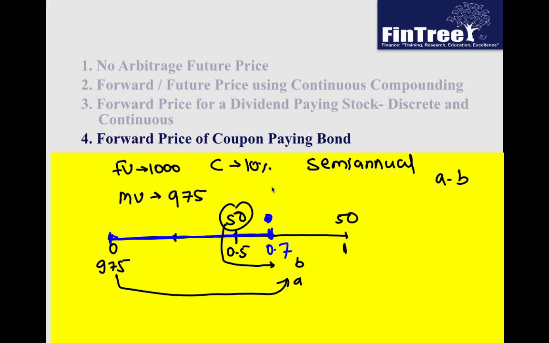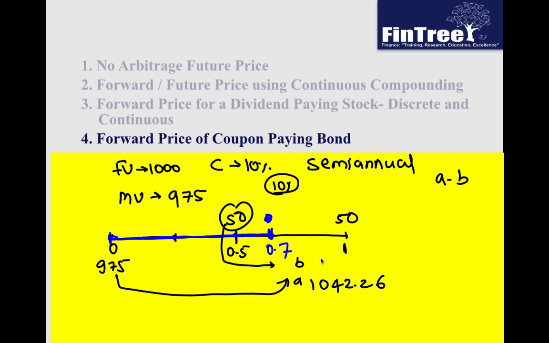I forgot to mention the discount rate, but let me keep it as 10%. So 10 is the I/Y, 0.7 is the N, compute future value. This A value comes out to be 1042.26.